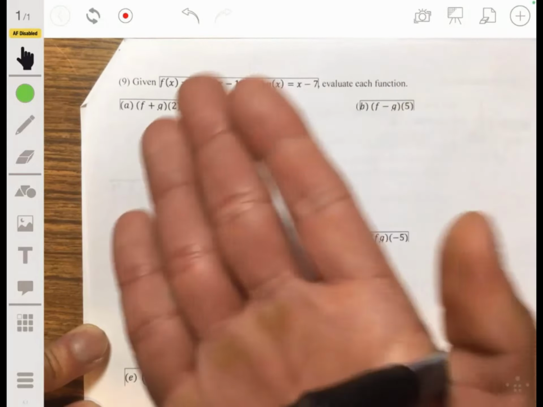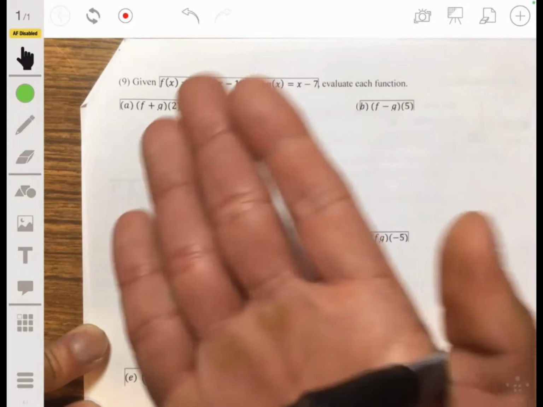So we just plug 2 into this. So f of 2 would be 2 squared minus 5 times 2 minus 14, plus, let me put this in red actually, plus g of 2.